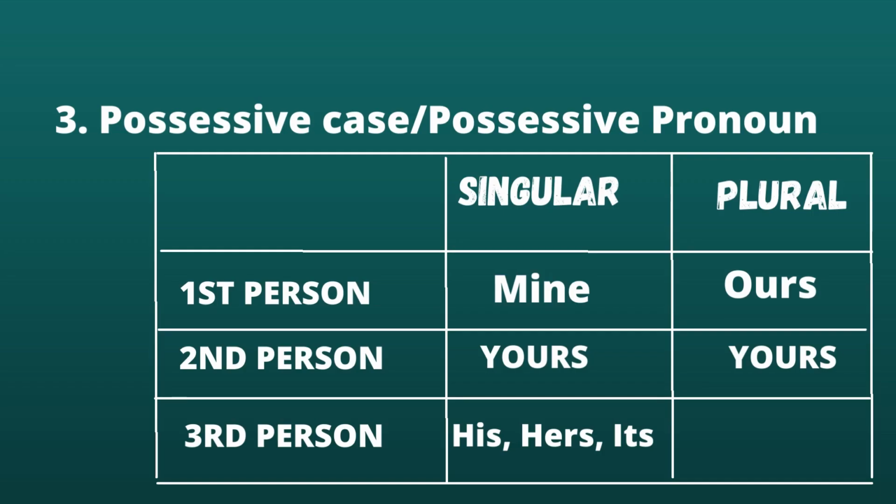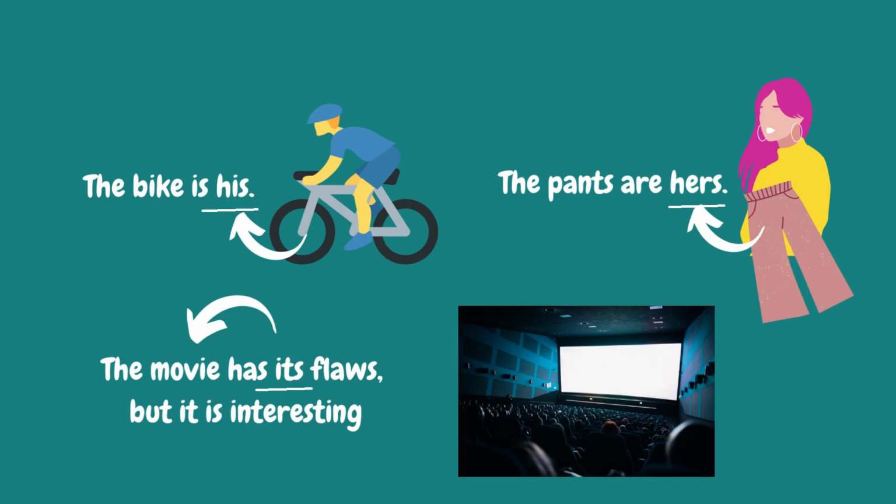Third person singular are his, hers, and its. Again, no apostrophes needed here. And again, they could be determined by genders. His, male singular, hers, female singular, its, no gender, and used for animals and objects. The bike is his. It means the boy owns the bike. The pants are hers.